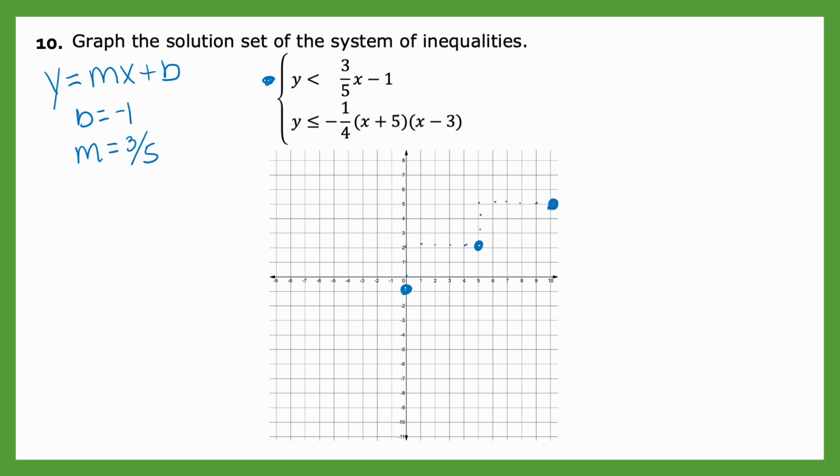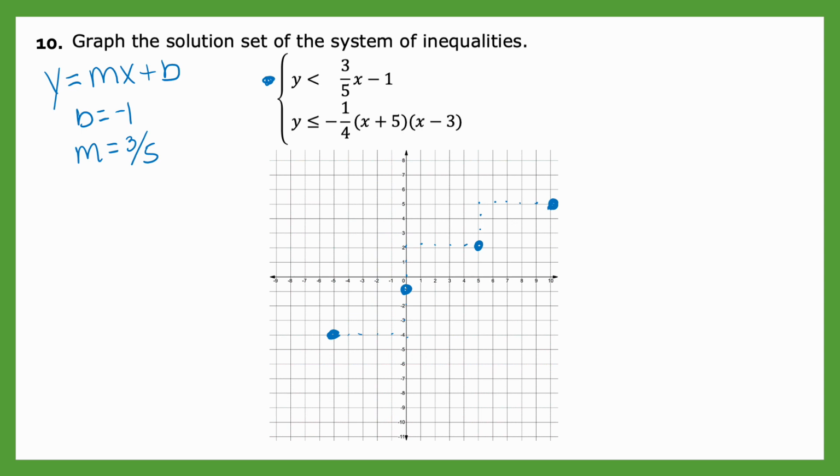Instead of going up and to the right, what's the other direction I could go? Down and left. So if I also wanted to keep it accurate, I could go down 1, 2, 3 and left 1, 2, 3, 4, 5. When I connect these dots, do I want a solid or a dashed line? Dashed.